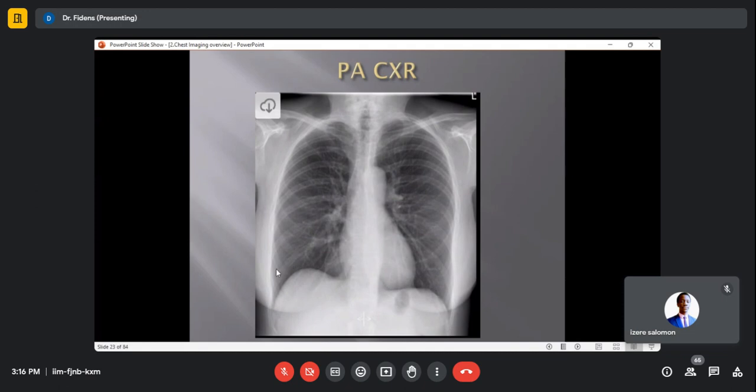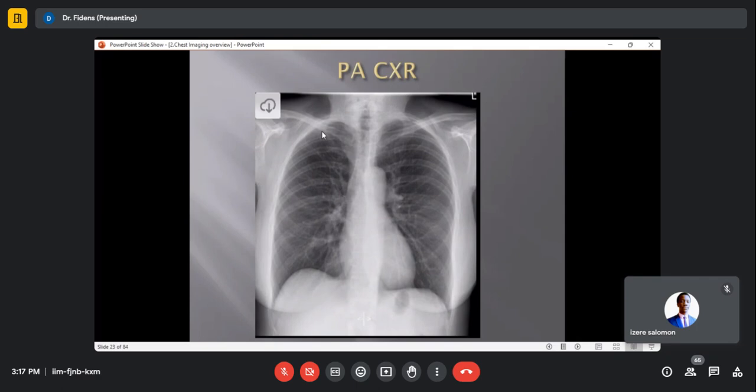But the seventh one, I will not count it because it cannot cross the mid-clavicular line above the diaphragm. Now I am sure that this was in deep inspiration because I have at least 6 ribs above the diaphragm.